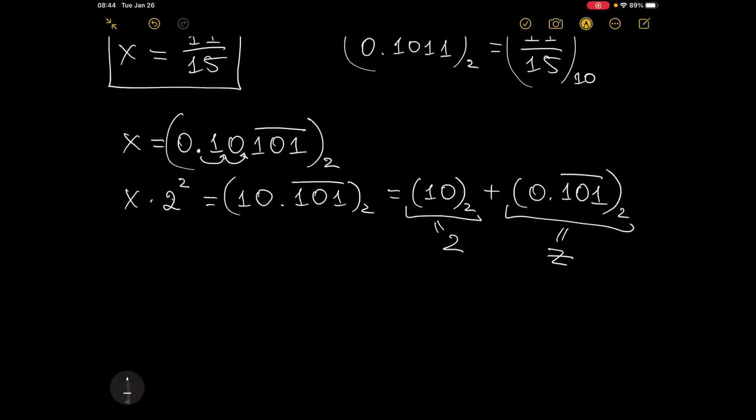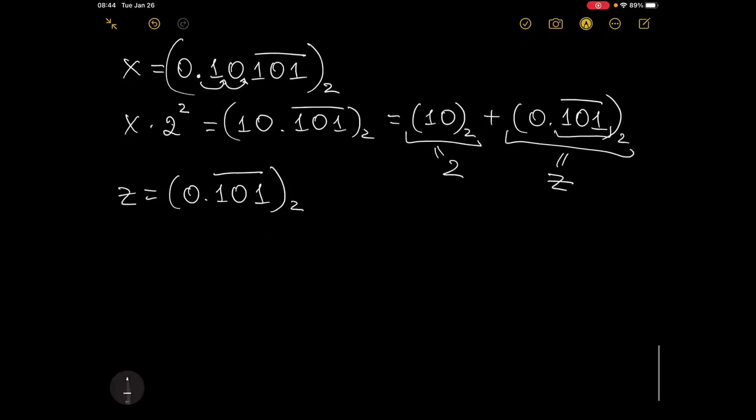So here, the infinitely repeating part starts right after the radix. We know what to do with that, right? So could you tell me how to transform it? For example, if z is equal to 0.101 infinitely repeating binary, how would you transform it to the decimal representation of the fractional part? So what do we need to do?